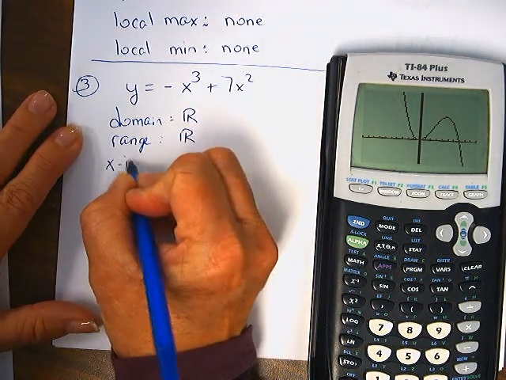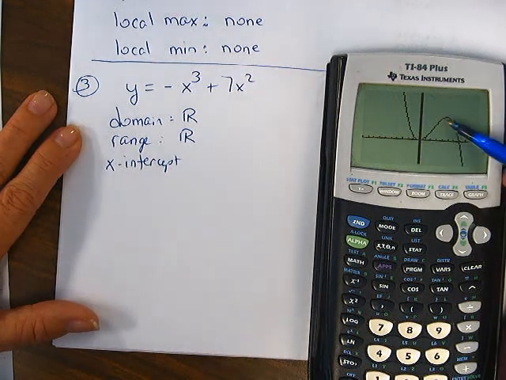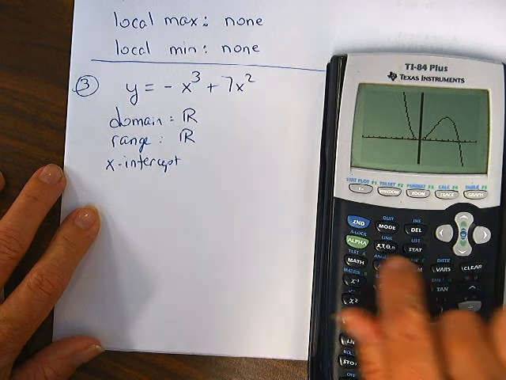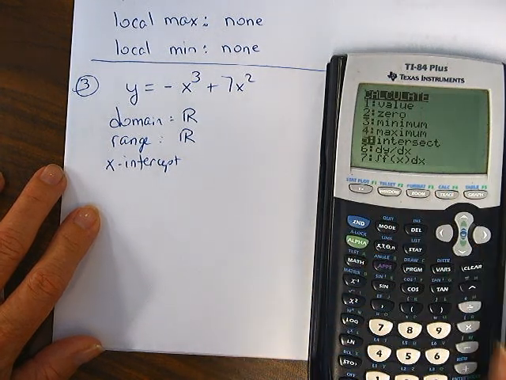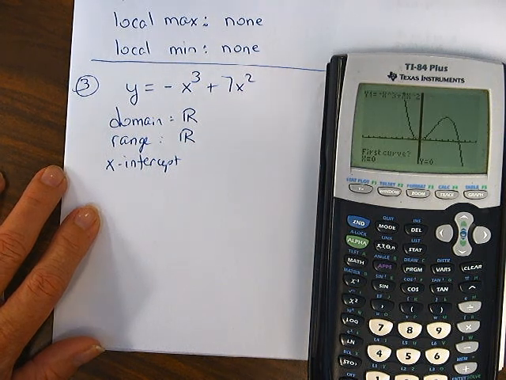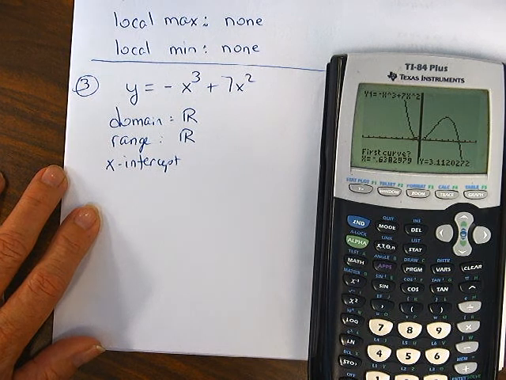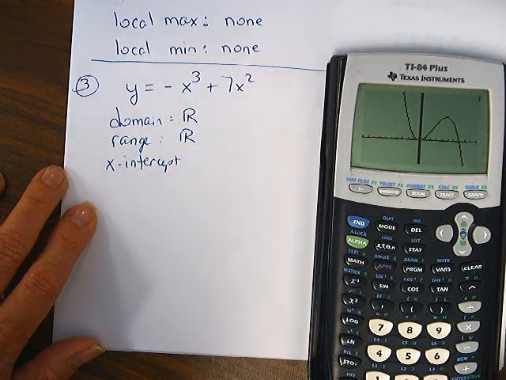Okay, x-intercept. Where does it cross the x-axis? Okay, so again, to do this, we have to go to second trace. We're looking for intersect. So it looks like it's over here. So I'm going to press enter 3 times. 1, 2, 3.